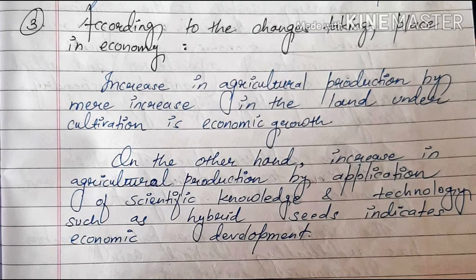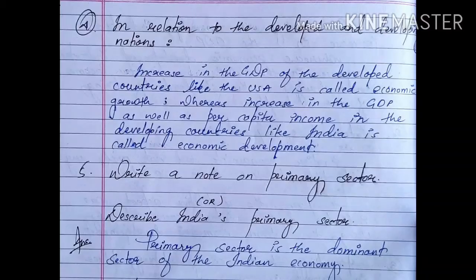An increase in agricultural production by mere increase in the land under cultivation is economic growth. On the other hand, increase in agricultural production by application of scientific knowledge and technology such as hybrid seeds indicates economic development. Fourth one is in relation to developed and developing nations.